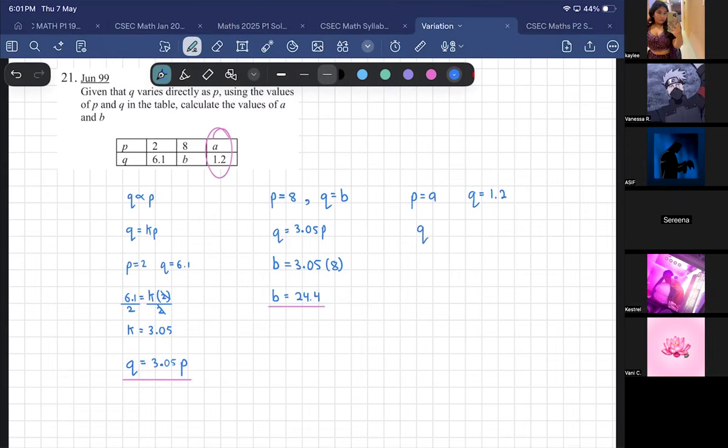Q is equal to 3.05 times A. We can do this substitution in the next line. What we know is Q is 1.2, and 3.05 times A. Right. And so you divide by 3.05. Alexia, you ready for them, girl?